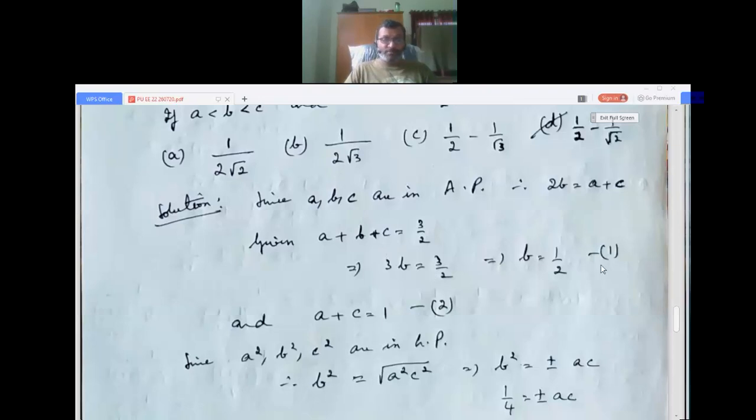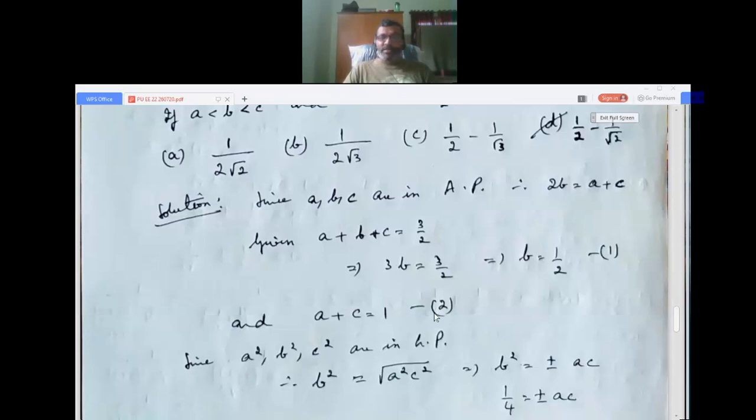If b is 1 by 2, then a plus c is 3 by 2 minus 1 by 2, that is 2 by 2, that is 1.